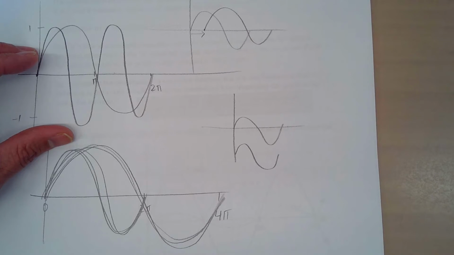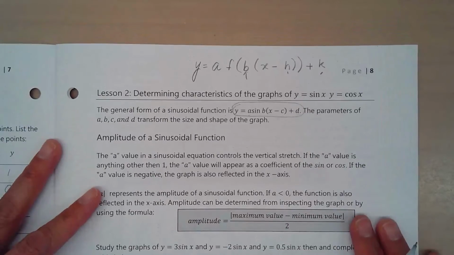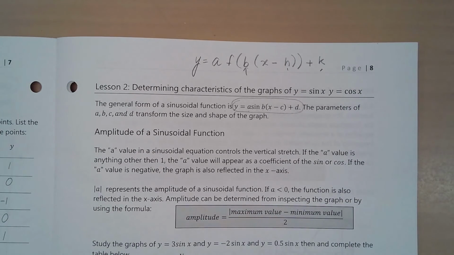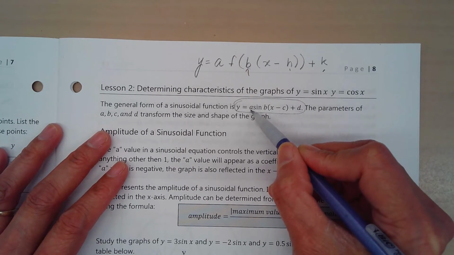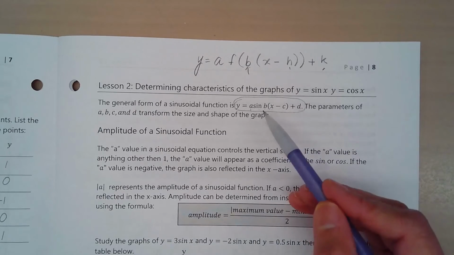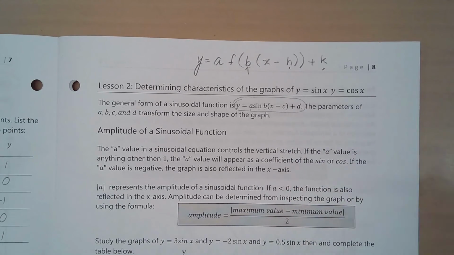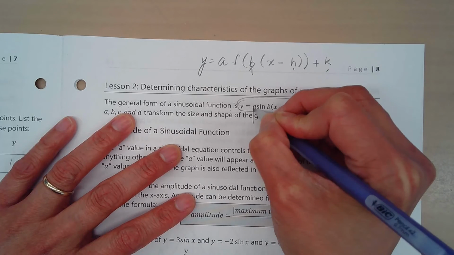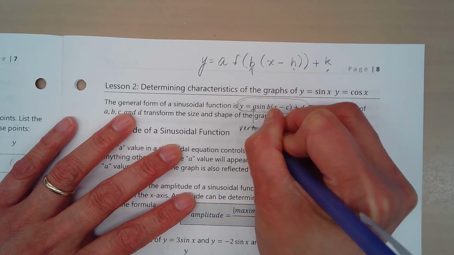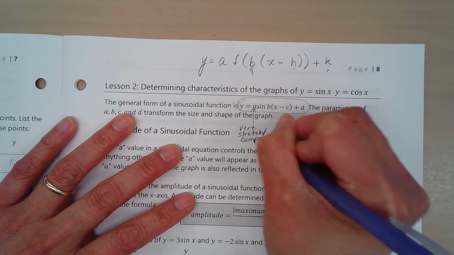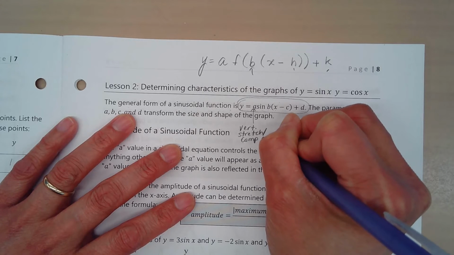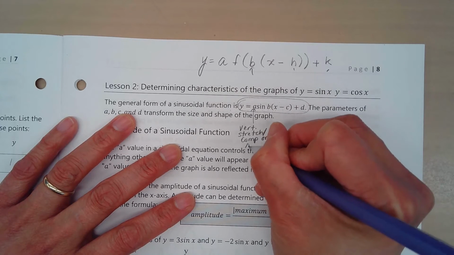You see, we know these things already. The only thing that we're going to do specifically is use the sine function. So what does that mean? A talks about the vertical stretch or compression and reflection.